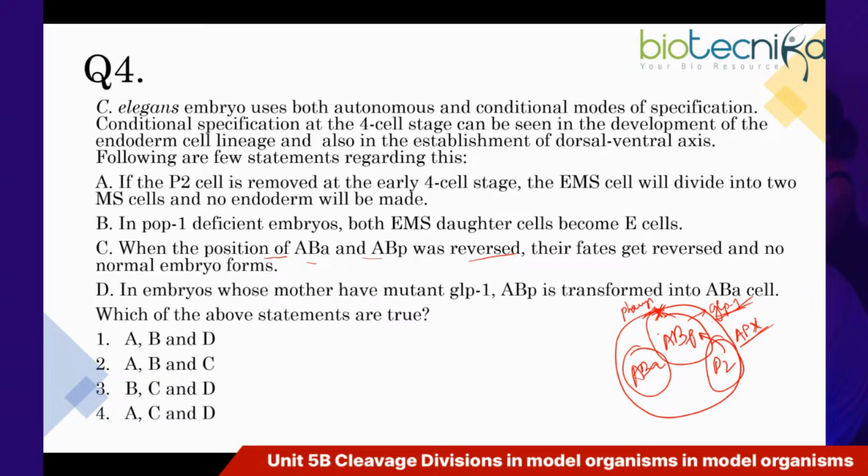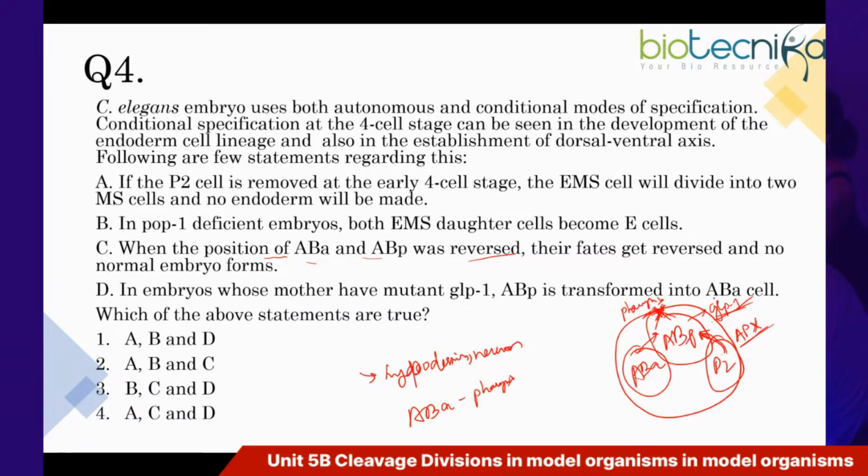As such, both AB daughter cells have the capacity to form hypodermis and neurons, but only ABA has the capacity to form pharynx. ABP does not have the capacity. Who tells it not to form pharynx? This P2 with its signal APX.